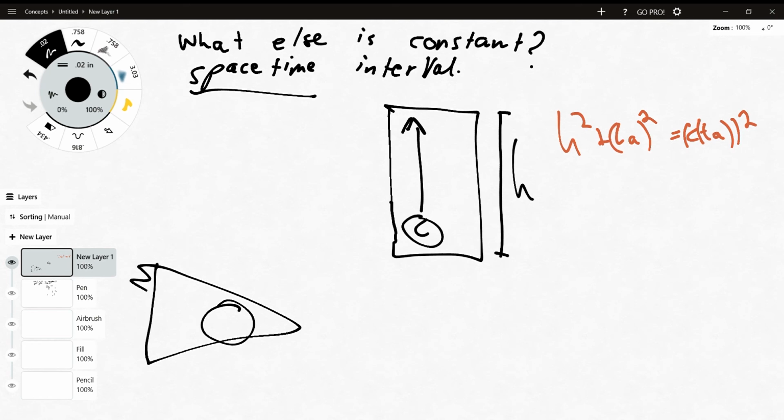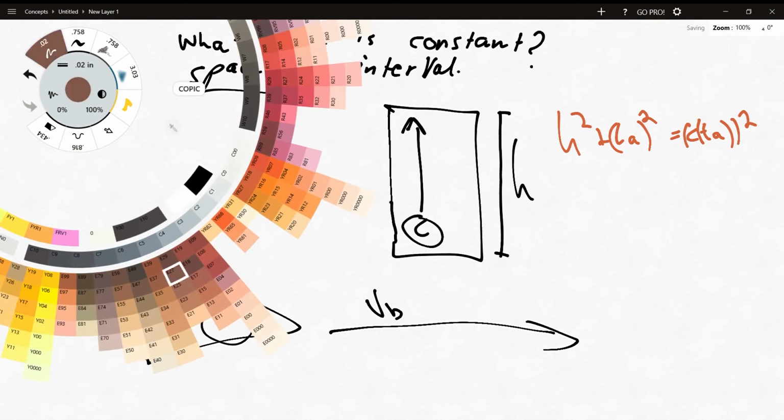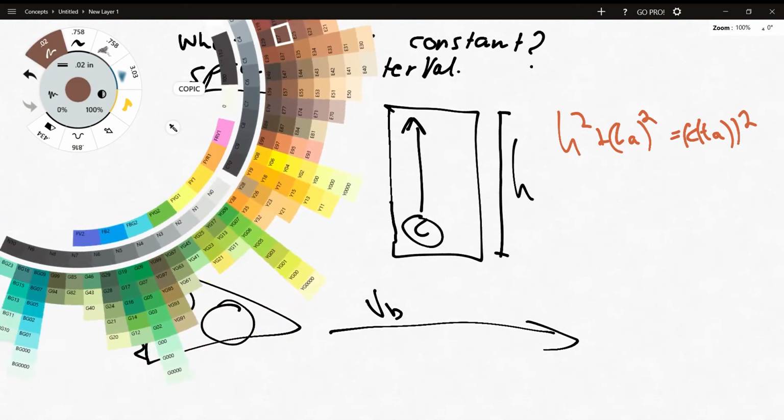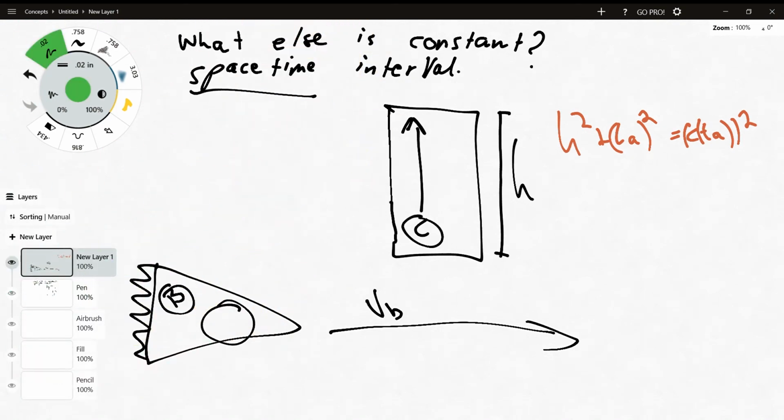Ship B is a little bit faster than ship A. Ship B moves along with velocity VB. Now, it observes similarly, like so.